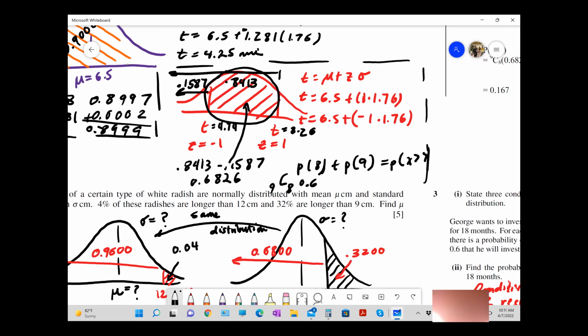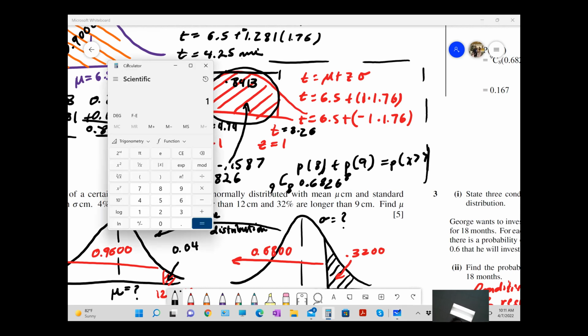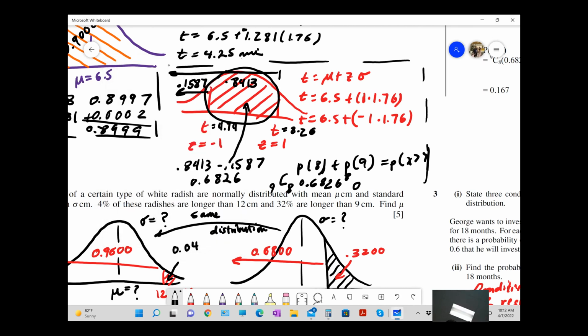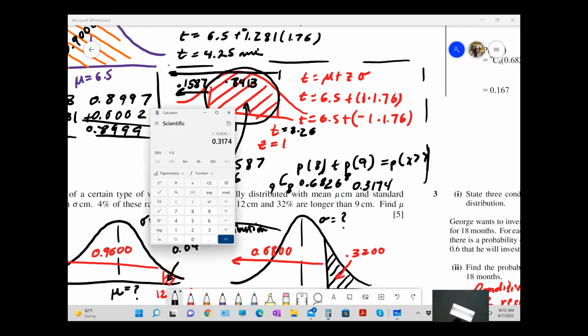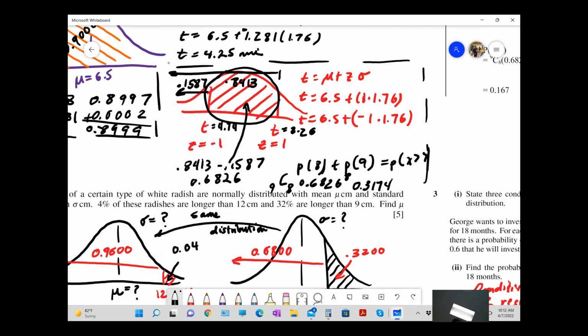0.6826 raised to the 8th power. And then we have 1 minus 0.6826, which is 0.3174, to the first.